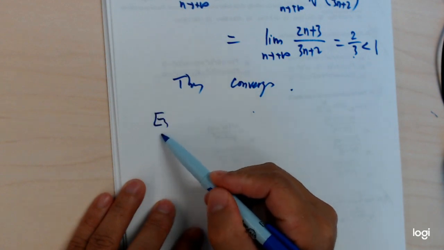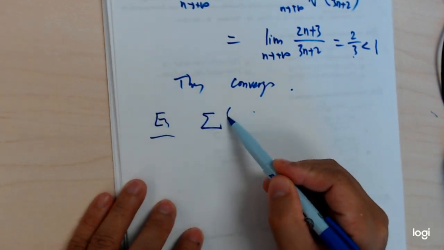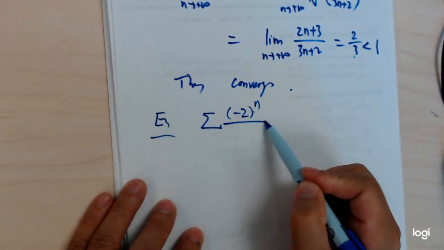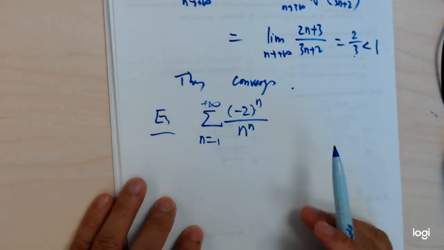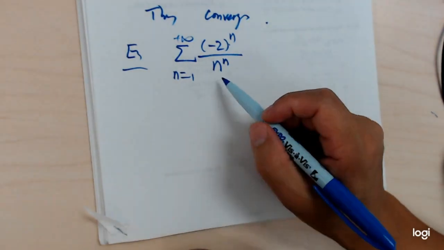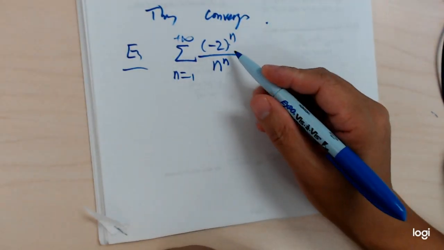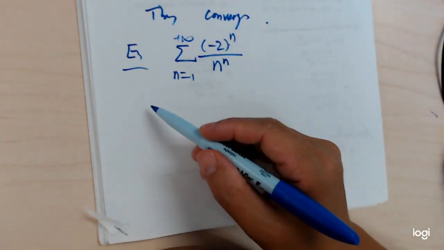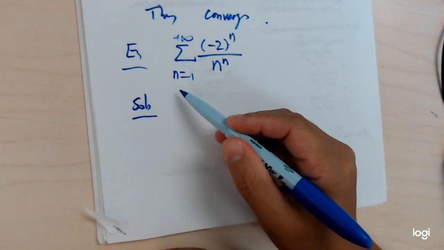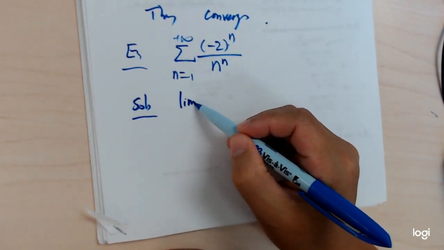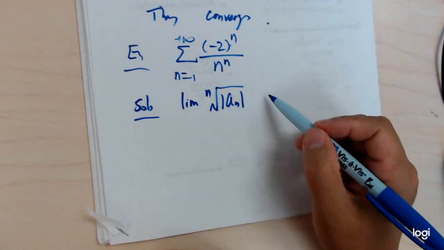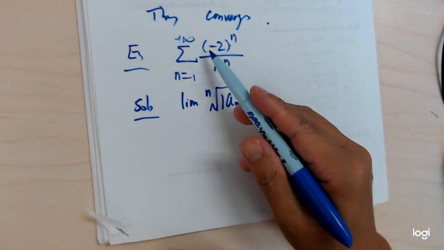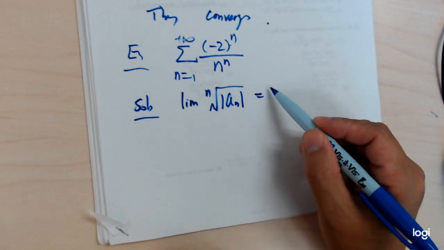Here's one last example. Once again, the function here is a power function. You got a power n on the top here. So we choose to do the nth root of the absolute value, and I do need the absolute value sign here because I've got some negative terms in there.